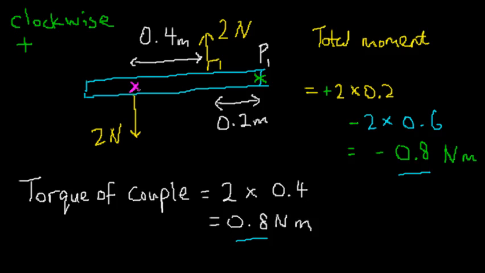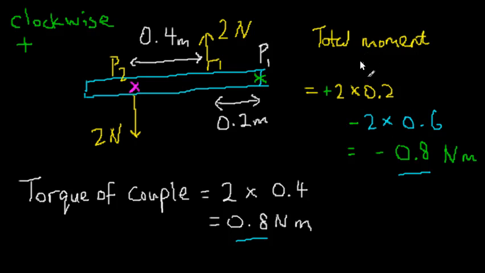Let's try this. If I want to find the total moment about this new pivot, which I call P2, let's say this is the total moment. Another thing about finding moment is that we really need to specify the pivot, because distances are going to be different if you have a different pivot.